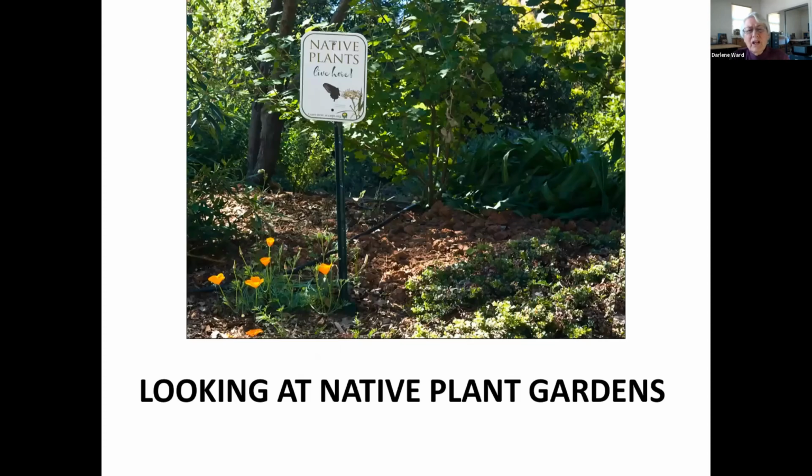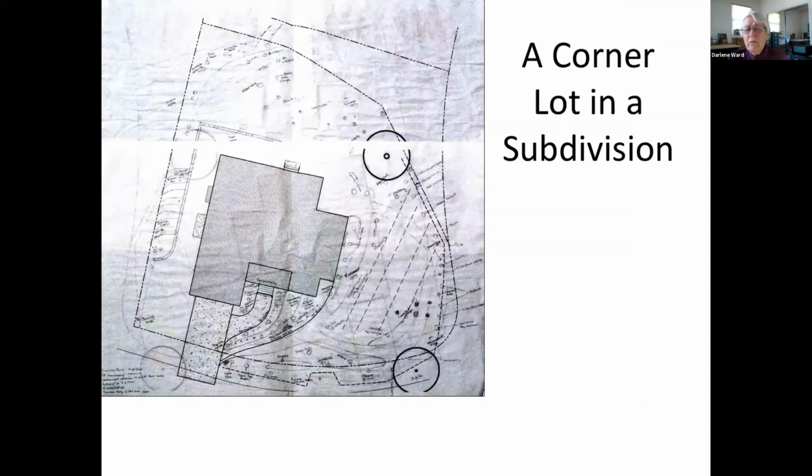Well, we'd like to share some of our gardens. Notice the sign, Native Plants Live Here. This is a California Native Plant Society sign that's available if anyone is interested. Our property is a corner lot, and we had several copies made of the plot plan supplied by the builder of the house.